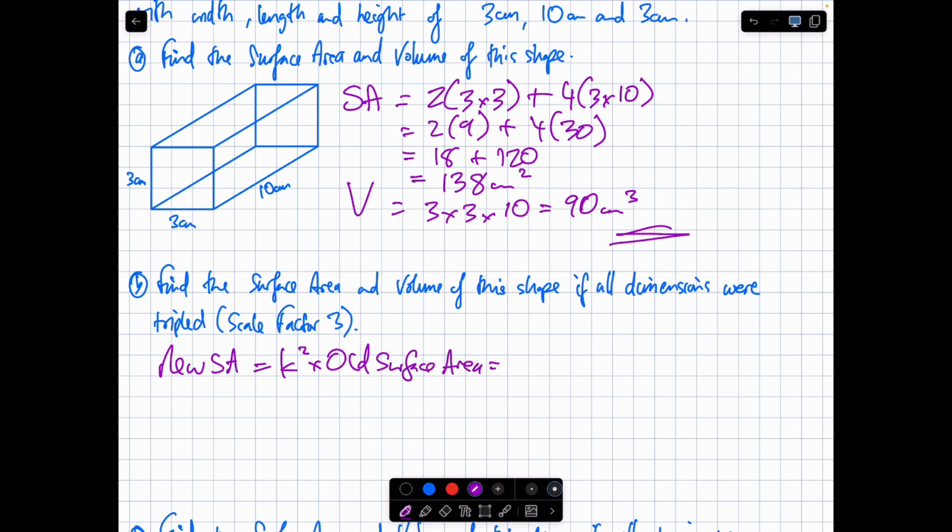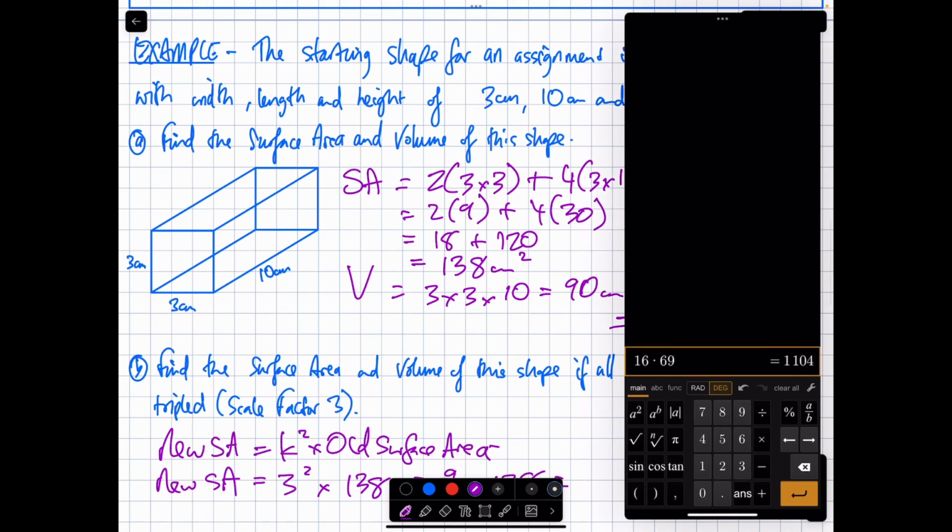So I want to find what the surface area is going to be if the scale factor is 3. What's k going to be if the scale factor is 3? 3. 3 squared times, what was the old surface area? It was 138. So that's going to be 3 squared is 9 times 138.